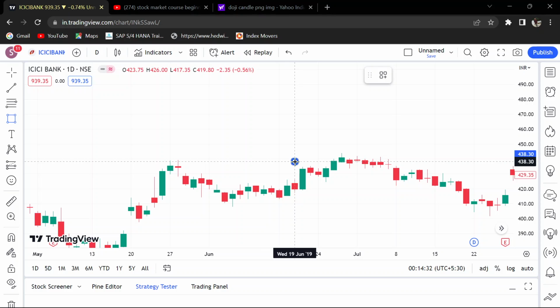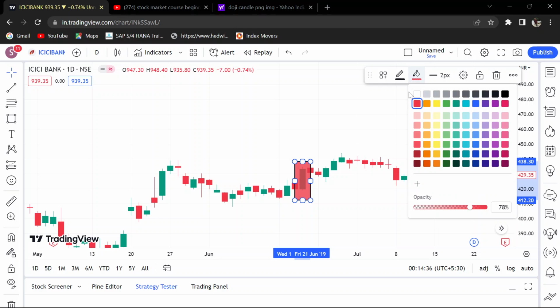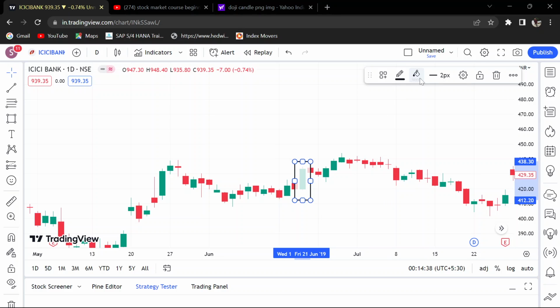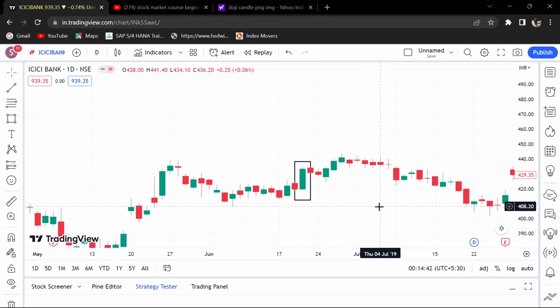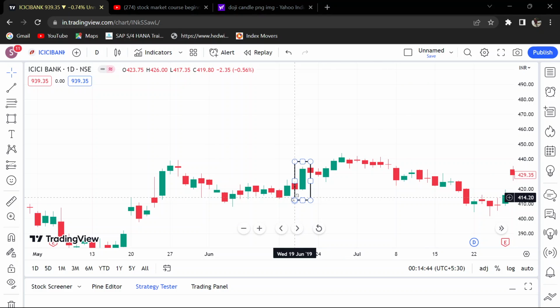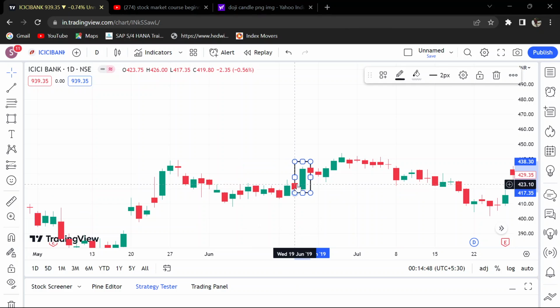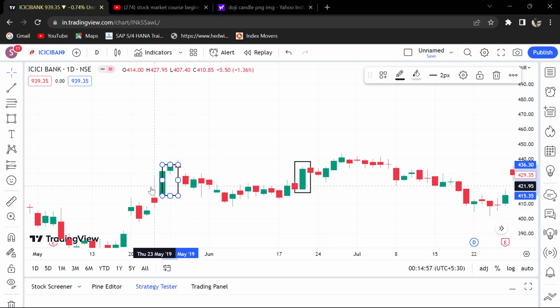See, this one is a bullish Marubozu. It's coming like this. See, this one is a bullish Marubozu. Anything else? This one is also a Marubozu candle.